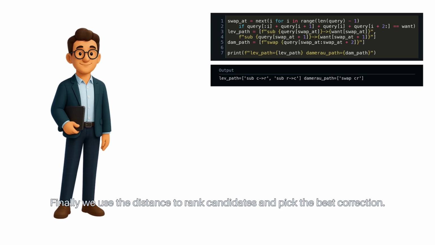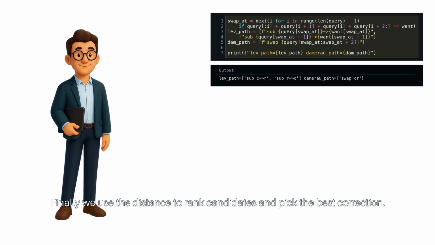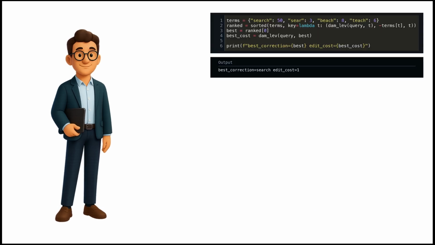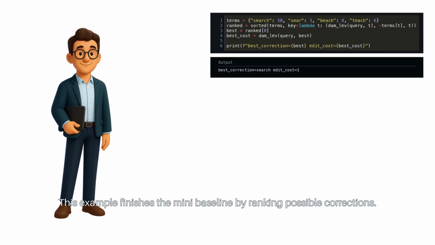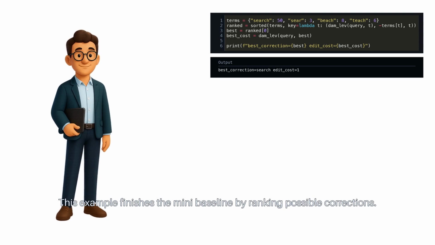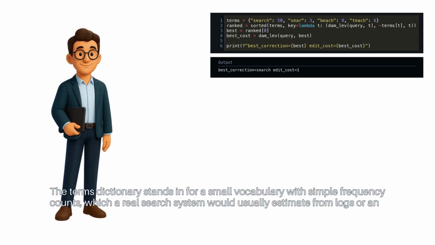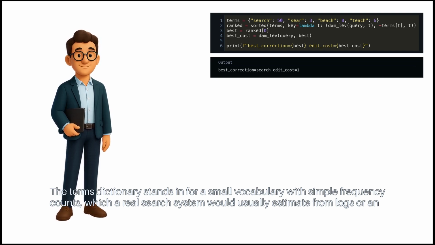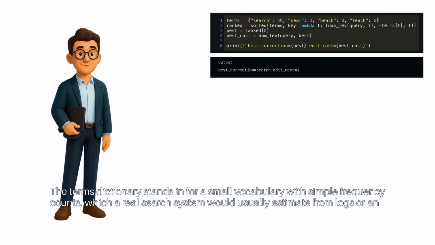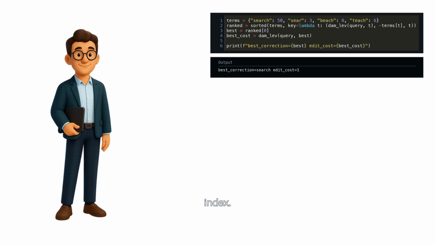Finally, we use the distance to rank candidates and pick the best correction. This example finishes the mini baseline by ranking possible corrections. The terms dictionary stands in for a small vocabulary with simple frequency counts, which a real search system would usually estimate from logs or an index.